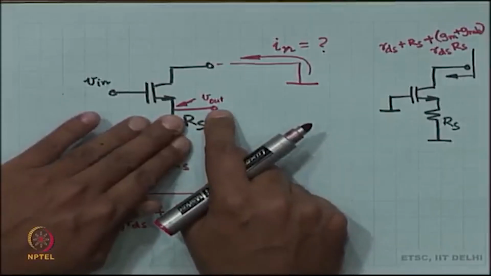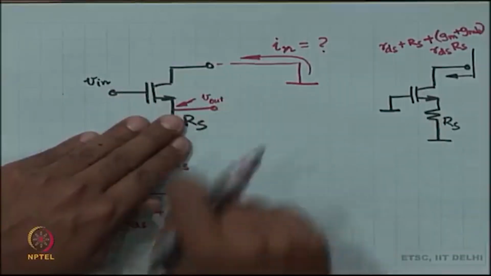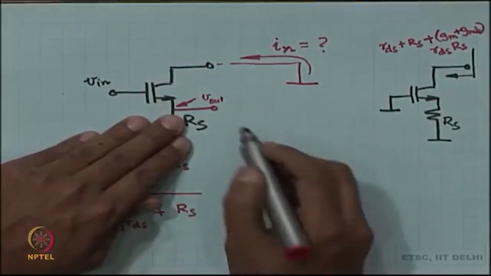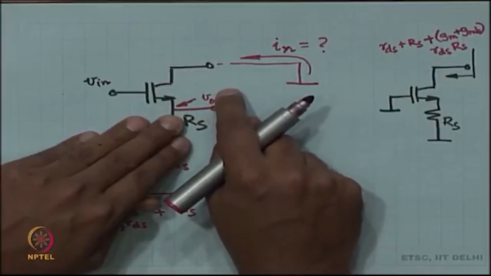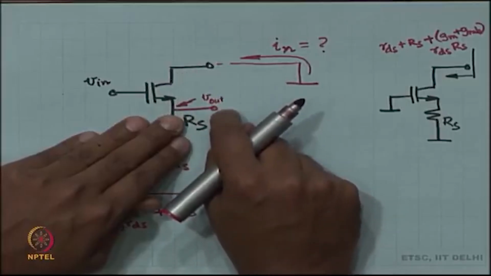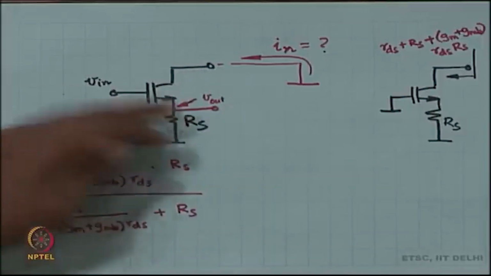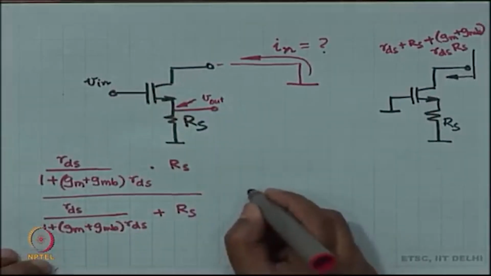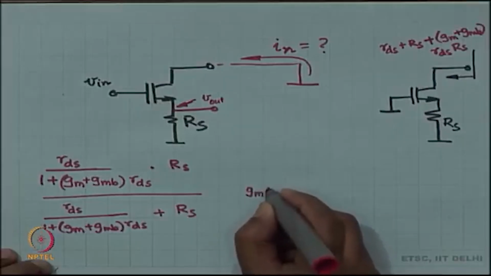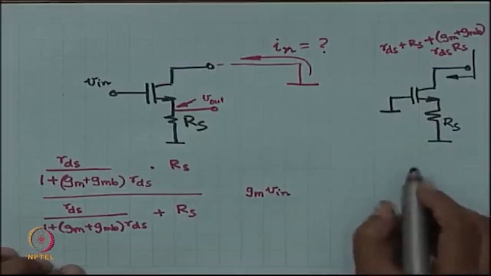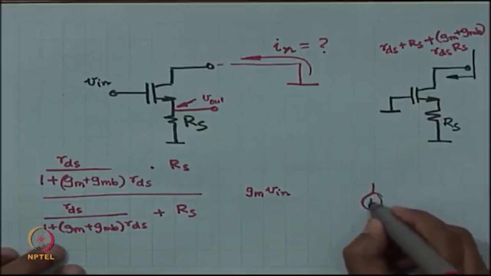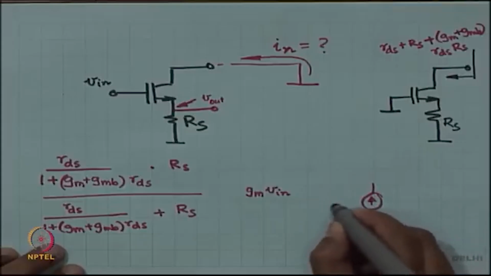The current through GM is V in times GM, and the current through GMB, body is at ground, source is ground, is 0. So, the short circuit current is nothing but GM times V in.